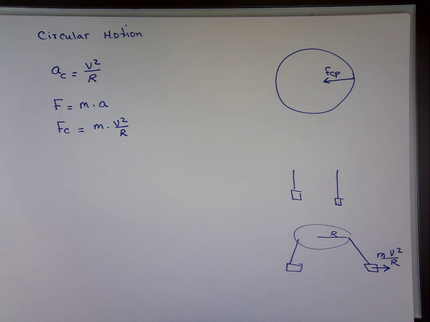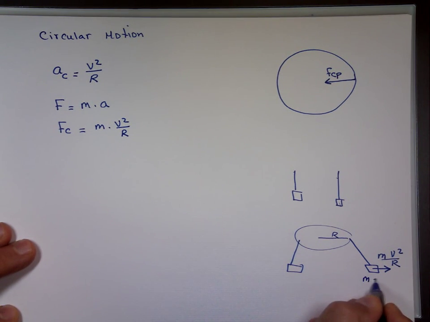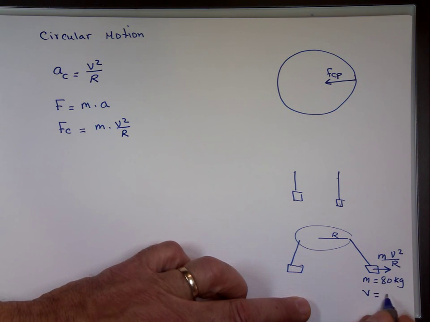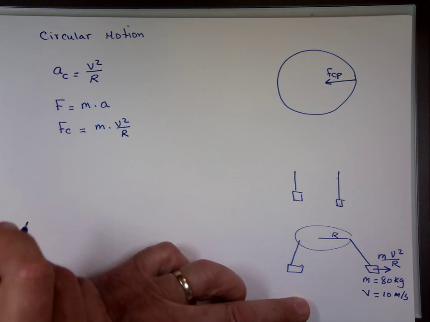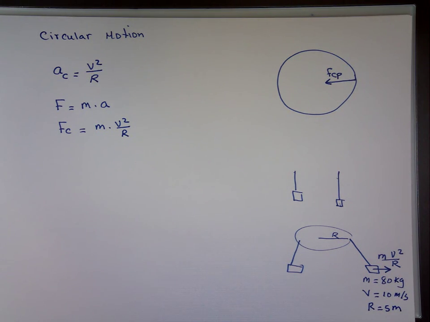So let's take an example. Somebody has a mass of 80 kilograms, about 176 pounds. This ride is spinning at a speed of 10 meters per second, good speed. The radius is, I don't know, 5 meters. There's a force pushing on you equal to the centripetal force, always toward the center.